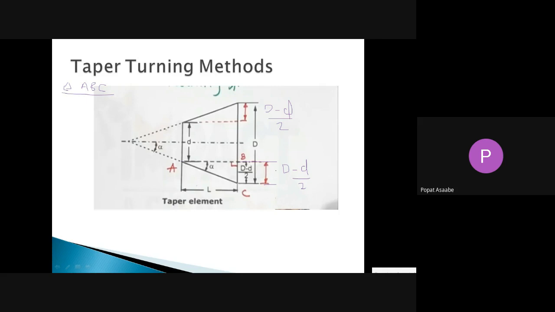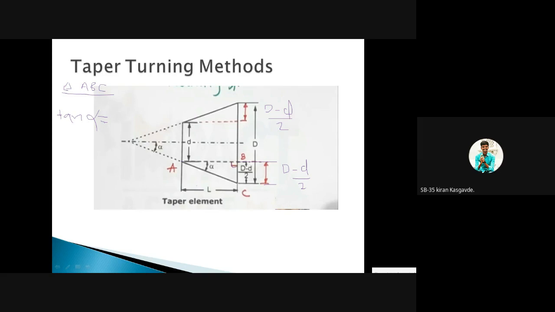Now this is the right angle triangle. In that right angle triangle ABC, we have to take tan alpha. Tan alpha is equal to... And what is the formula for tan?